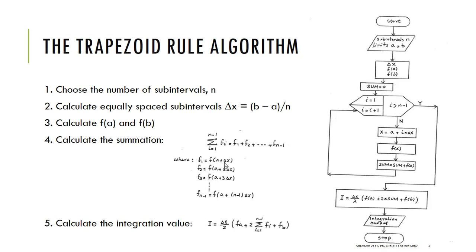So a plus delta x, a plus 2 delta x, a plus 3 delta x, all the way up until a plus n minus 1 times delta x. This sum I will multiply by 2. I'll add it to these two values, multiply by delta x and divide by 2. That will get me a good, reasonable estimate of my integral.